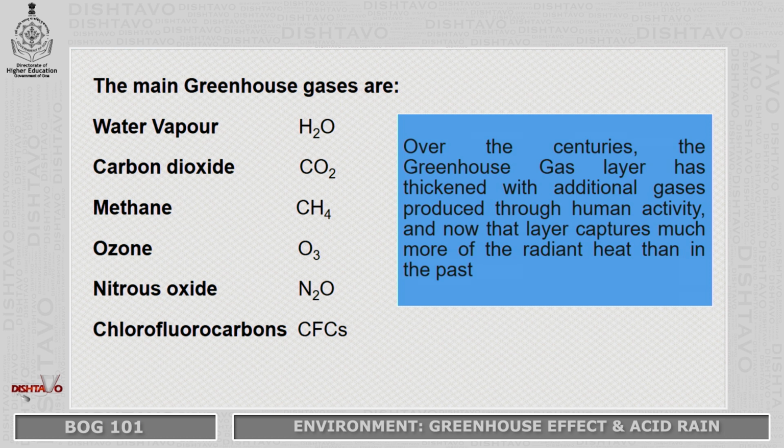Since there is an additional layer, more heat is captured and earth is warmed more than what is required, and that is what we normally call global warming. The globe is warming because the greenhouse gas layer has been thickened.